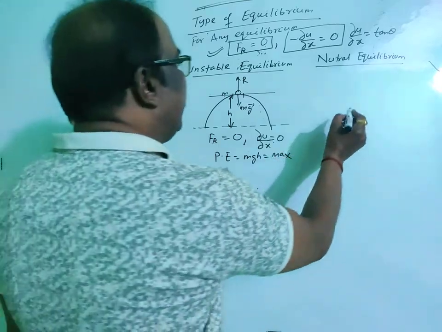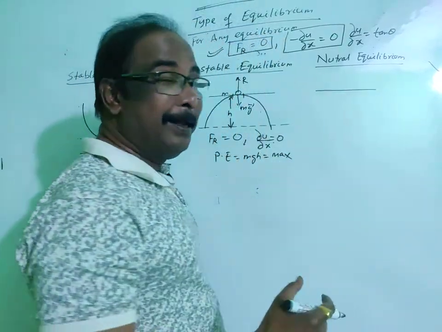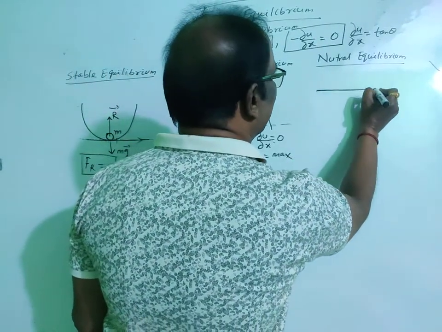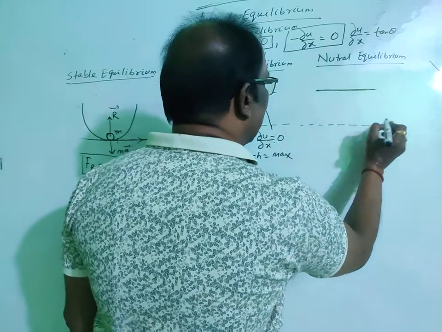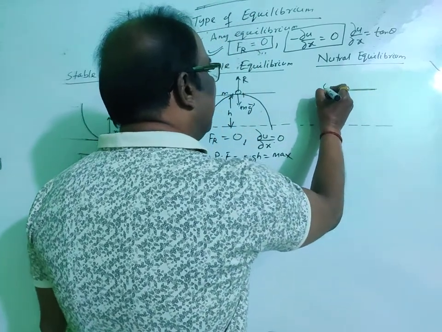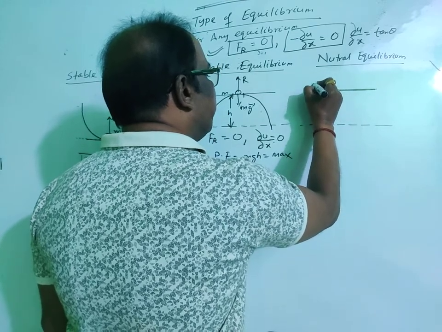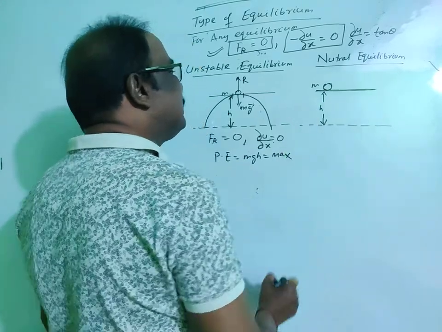Then for neutral equilibrium, we find the conditions. Say this is a horizontal surface, and this is the datum level, ground level. Initially, a body of mass m is at this position, and this height is h.